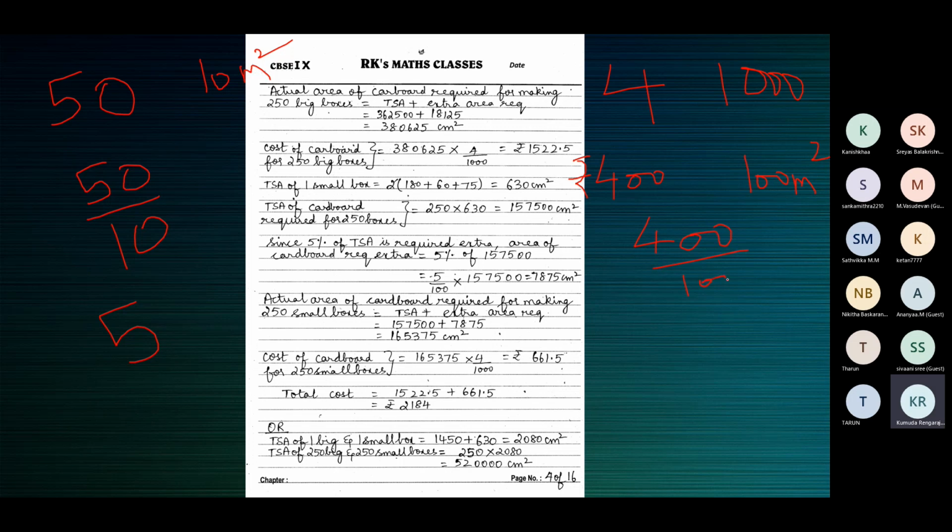When you divide by 100 meter square, you will get per meter square. So it's 4 rupees for 1 meter square. So for 100 meter square, it will be 4 into 100, 400. So simply divide, that's all.